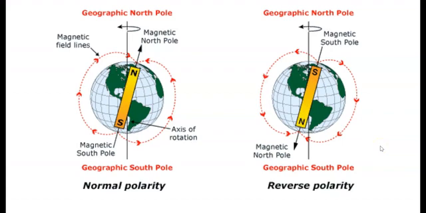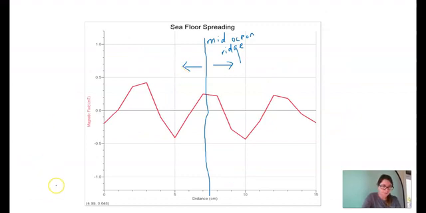And that record of the magnetic poles reversing is recorded in our seafloor, again, because the iron that's in the molten seafloor material aligns itself with the magnetic poles. And so we're able to see when those magnetic poles flipped based upon the pattern that we see in the rocks.